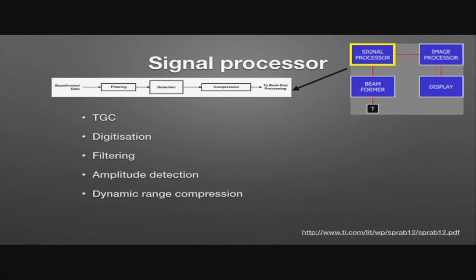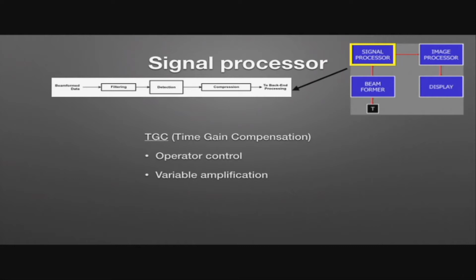First of all, with the beamformed data, before it gets into the heart of the signal processor, there are a couple of processing steps: the TGC, or time gain compensation, and the digitization of the actual image, which I guess is similar to what we use in DVDs or CDs. Once in the signal processor, there's a filtering process, an amplitude detection process, and dynamic range compression. We'll talk about each of these in turn.